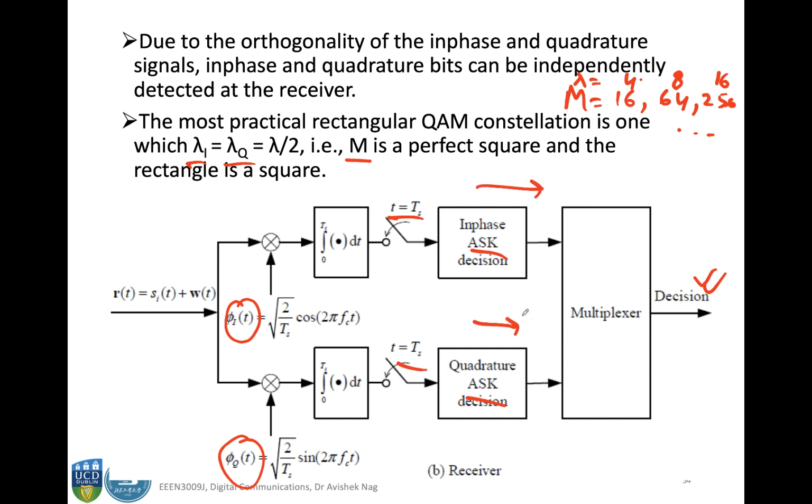So neither the in-phase ASK has an error nor the quadrature ASK has an error. And for square constellation, the in-phase ASK is basically an square root of M ASK, and the quadrature ASK is also a square root of M ASK.